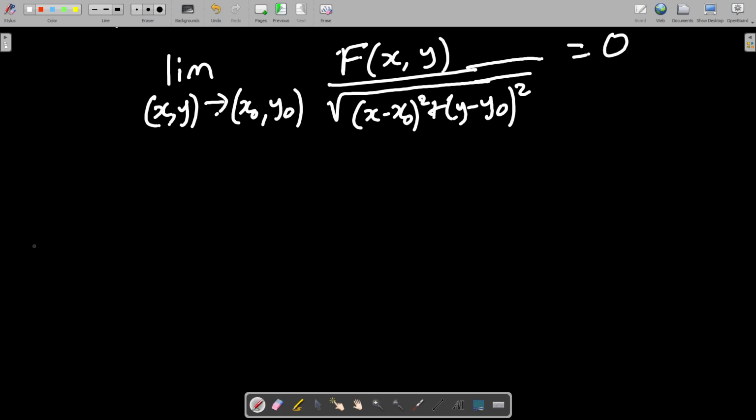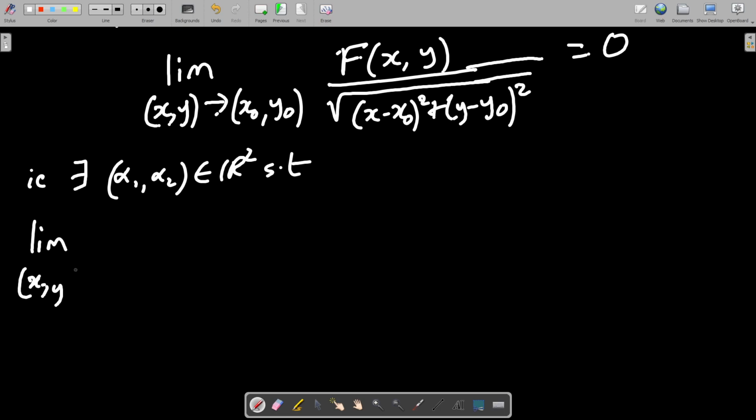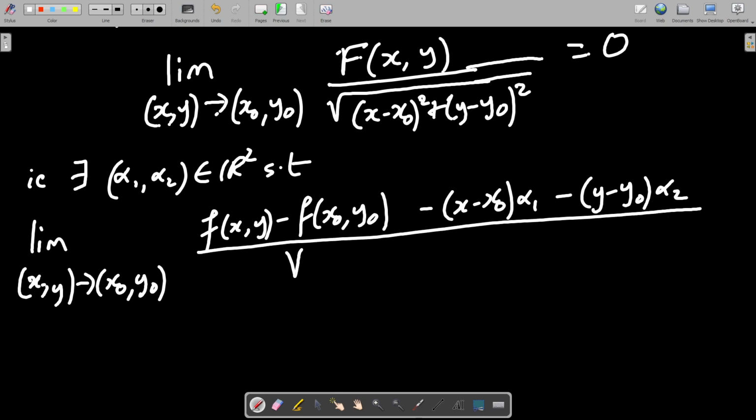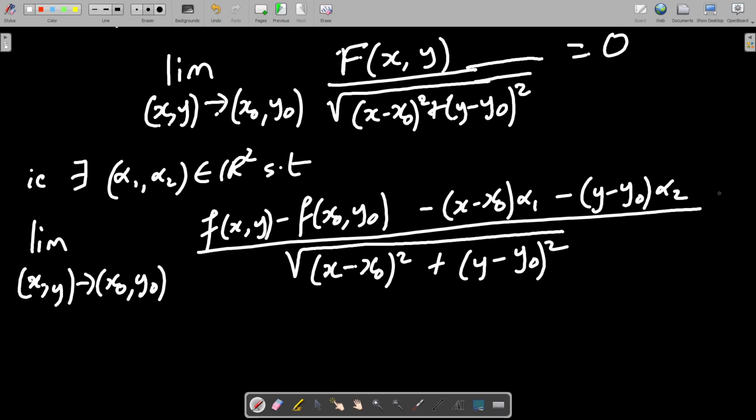This implies that the limit of, that is, there exist alpha 1, alpha 2 belonging to R2 such that this limit is equal to 0.